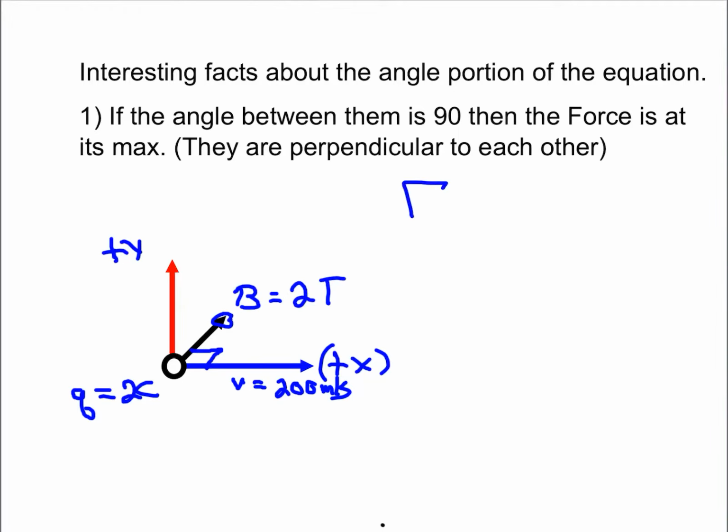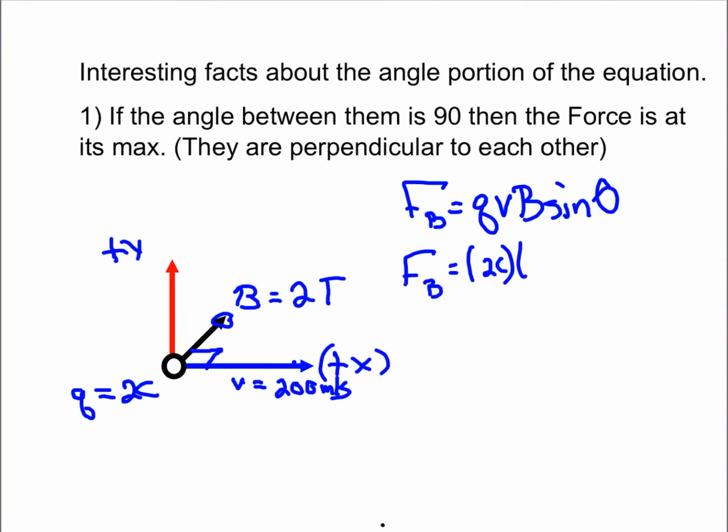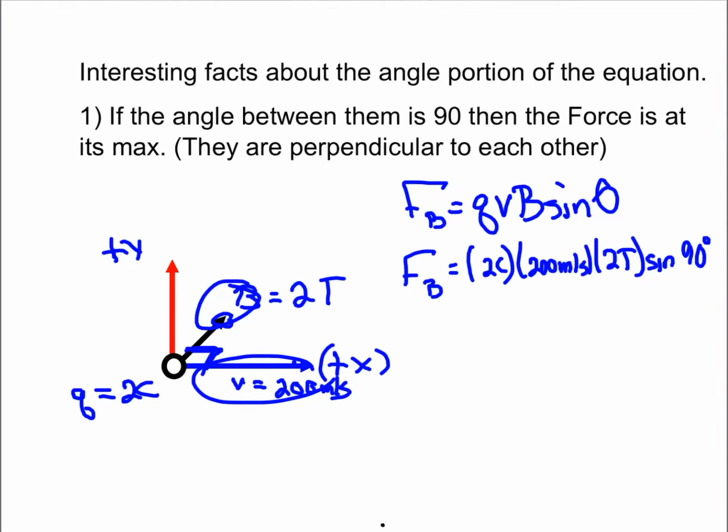Now we're going to calculate the strength of the force acting on this. F_B equals qvB sine theta. F_B equals the charge, which is 2 coulombs, the velocity, which is 200 meters per second, the magnetic field, which I said was 2 Tesla, sine 90 degrees, because that's the angle between the magnetic field and the velocity.